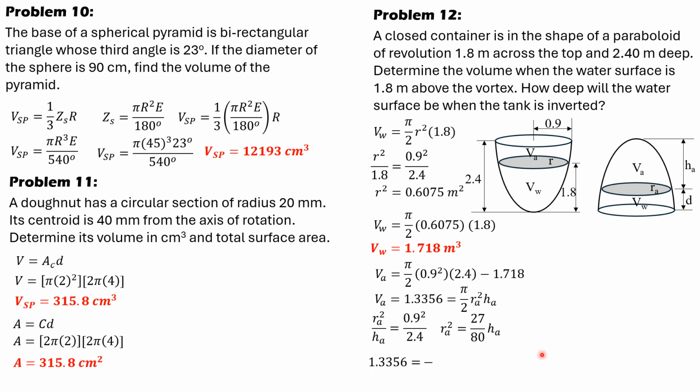So 1.3356 equals pi over 2 times quantity 27 H_A over 80 times H_A. From there, we can now solve for H_A. H_A is equal to 1.587 meters. Therefore, the depth is 2.4 minus H_A, 2.4 minus 1.587. So in the inverted position, the depth of water is 0.813 meter.